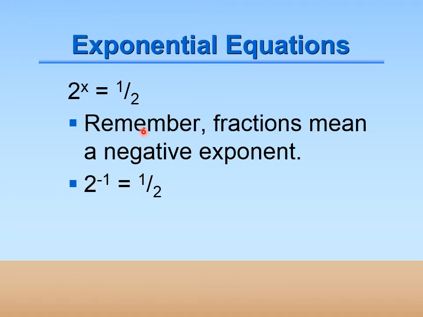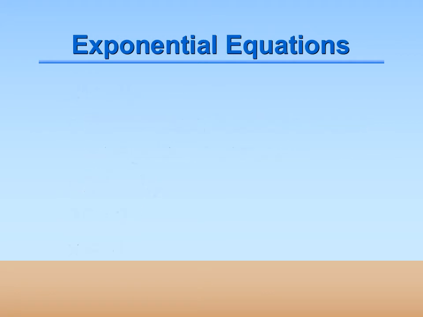Because if we write 1/2 as 2 to the negative 1 power, we now have bases that are the same. We have 2 to the x equals 2 to the negative 1. And so since our bases are the same, we can set our exponents equal to each other. So x is equal to negative 1.